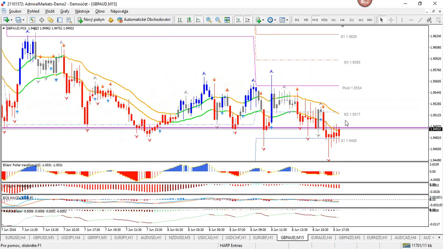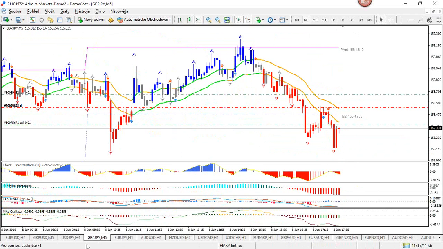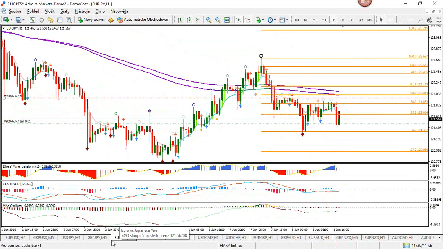Pound yen, I would like to see a continuation as well. If it happens, a bit higher probably, as a continuation of this momentum to the downside. It's slowing down, but still. And Euro yen probably too, right?